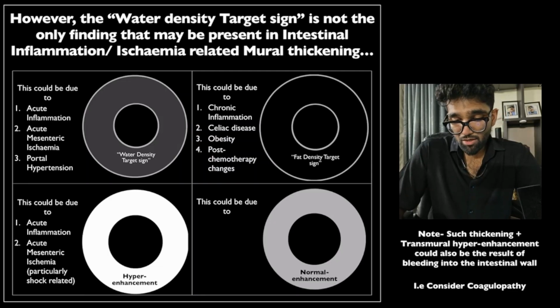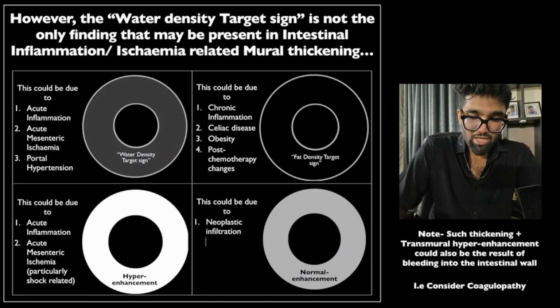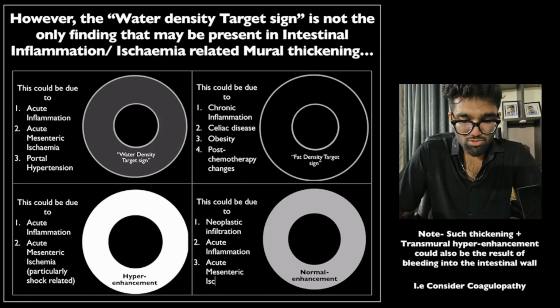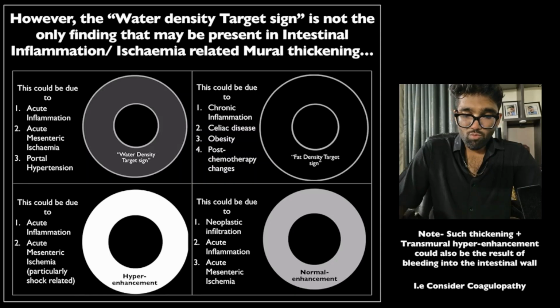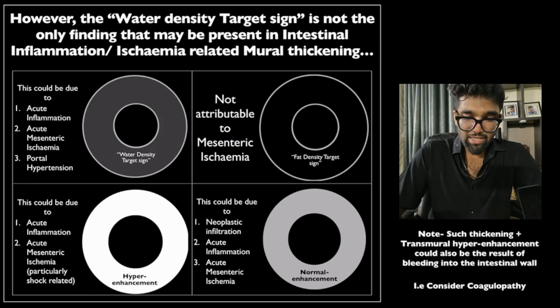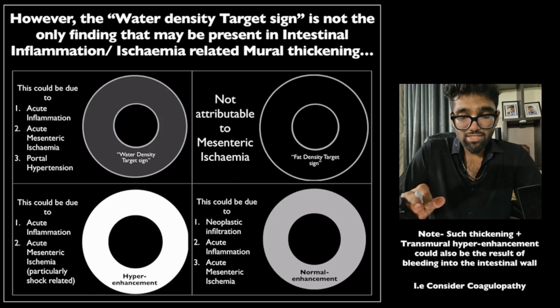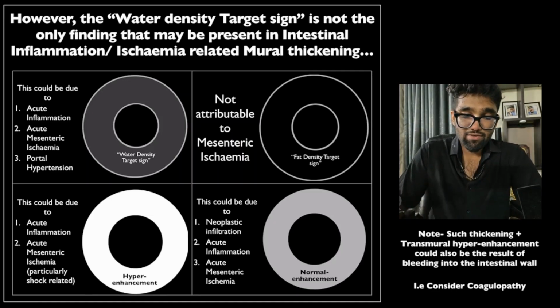Okay. Now, in that situation, we would obviously evaluate the patient for coagulopathy. Now, normal enhancement could be a neoplastic infiltration. It could be acute inflammation that is not severe enough, and it could also be acute mesenteric ischemia. So what it means is that the only time I say that the wall thickening cannot be due to mesenteric ischemia is when you have a fat density target sign.